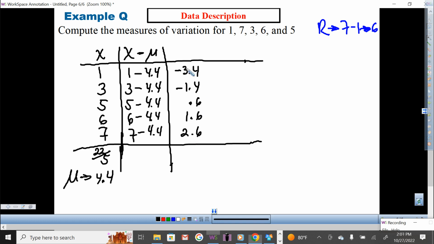All right. But at this step, now that we have that, we have to do what to this? Square it. Okay, so therefore, what would we write on that column for what we're going to do? Tell your neighbor, what would we write at the top of the column?